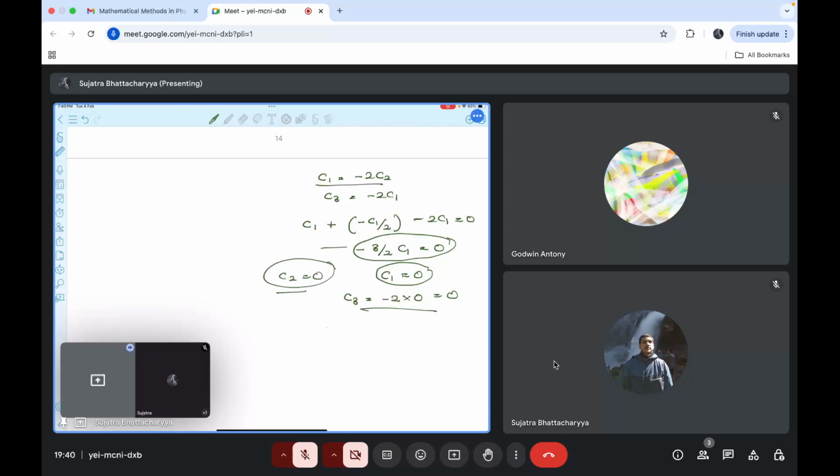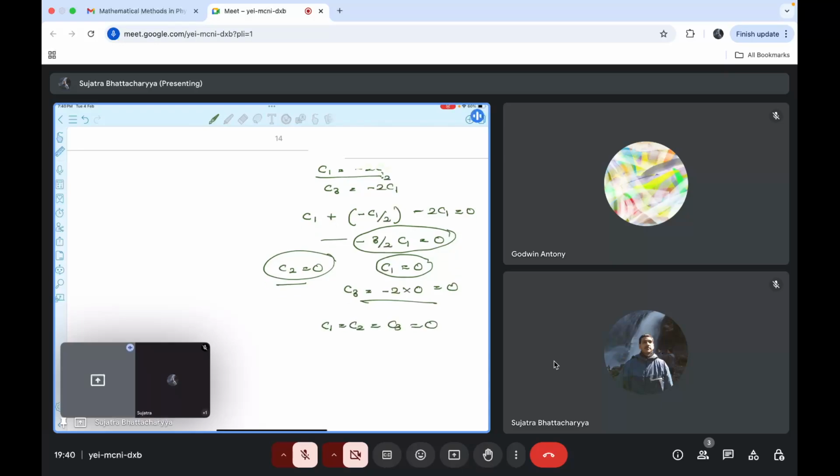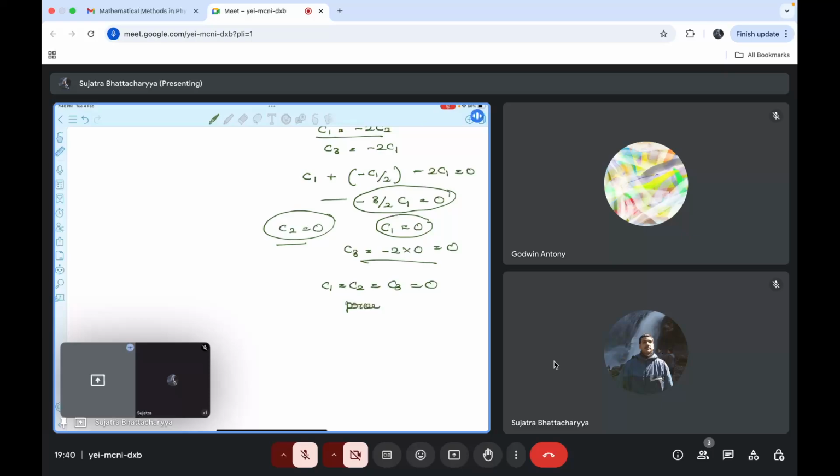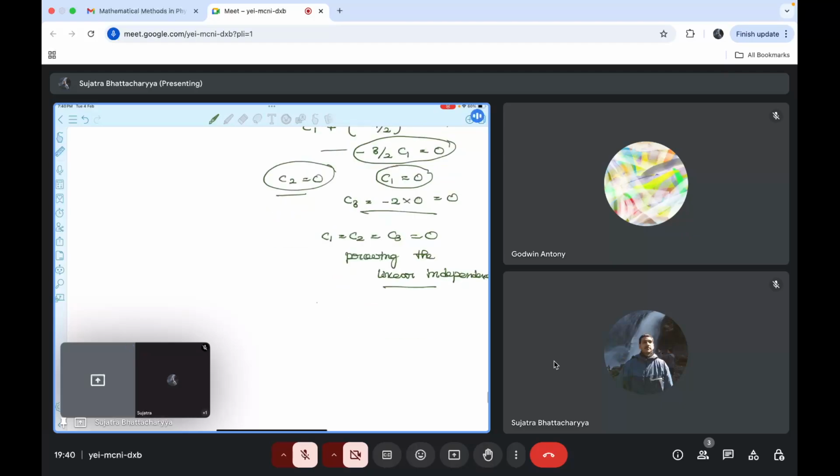So C1 is equal to C2 is equal to C3 is equal to 0, proving the linear independence. Therefore, S forms a basis for R3. Okay, so this is done.